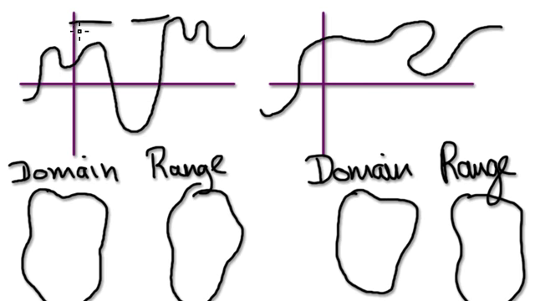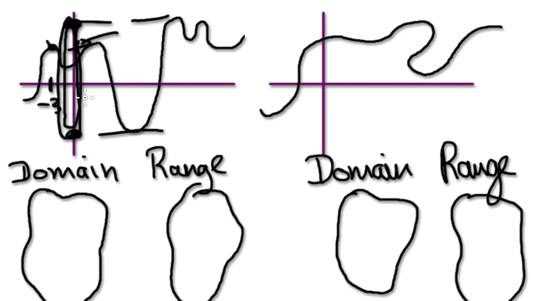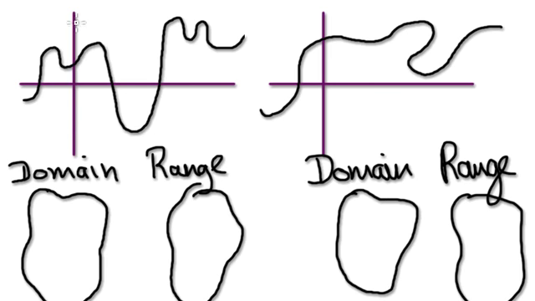Suppose you put -3 in here, it would take you to this point, but this point is within the range. Just suppose this is a function. In this case, the range would be from here and then maybe here. Whatever x value you put in, it must fall within the range.